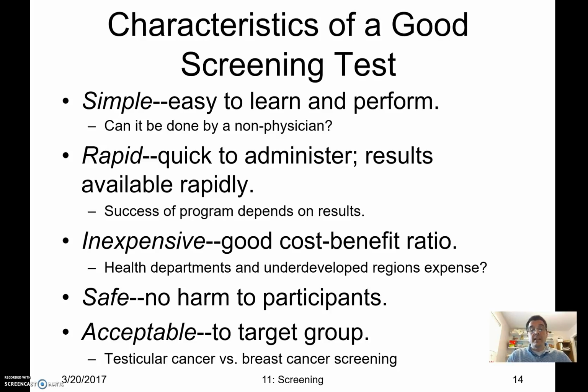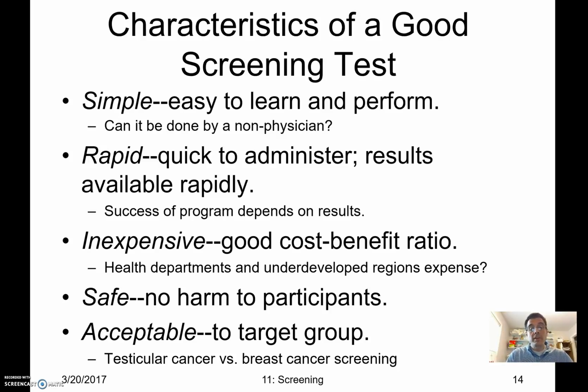As I said a second ago, a good screening test needs to be inexpensive, where there is a good cost-benefit ratio, as in health departments have to be able to afford these particular screening tests. Or can a screening test be implemented in an underdeveloped region, and can they afford that? So if you have a very expensive screening test, people won't be able to use them.